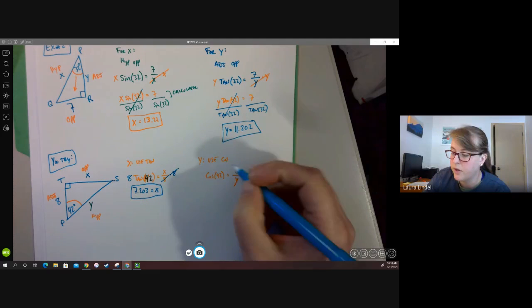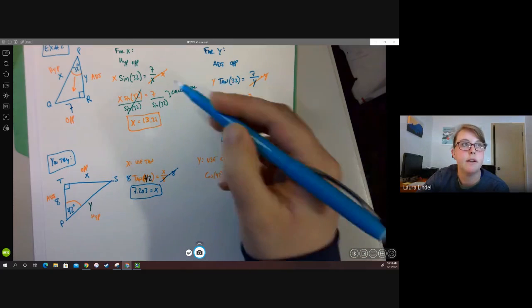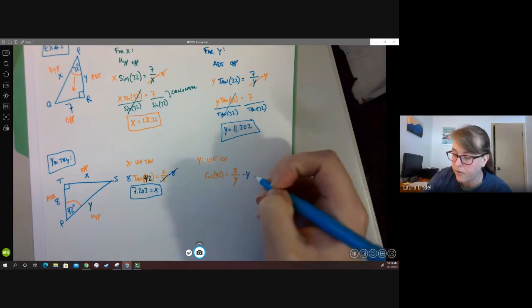For this one, you're going to follow the same kind of solution pattern as we did up here. You're going to multiply by y on both sides.